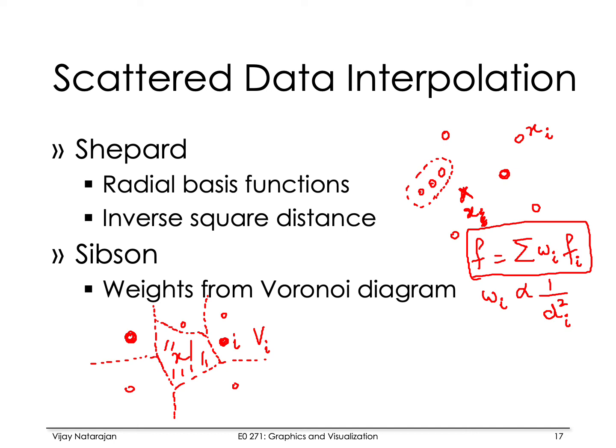A part of this polygon is eaten up by X. So for example, the Voronoi region of I may have extended till here if X was not included. So the weight associated with I is equal to this part that is stolen by X from I, right? This is more indicative of who are the near neighbors and how much they influence X. So this is the idea behind the Sibson interpolant.